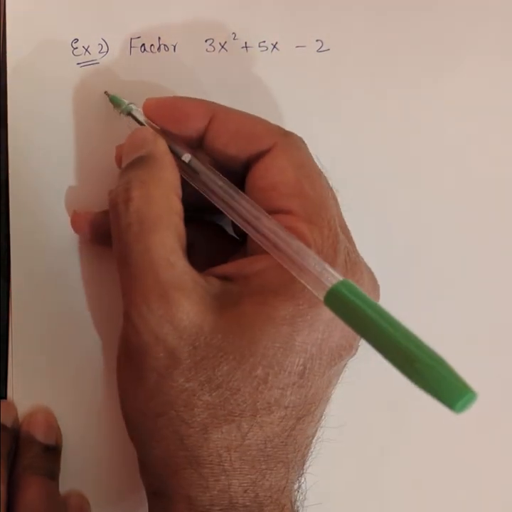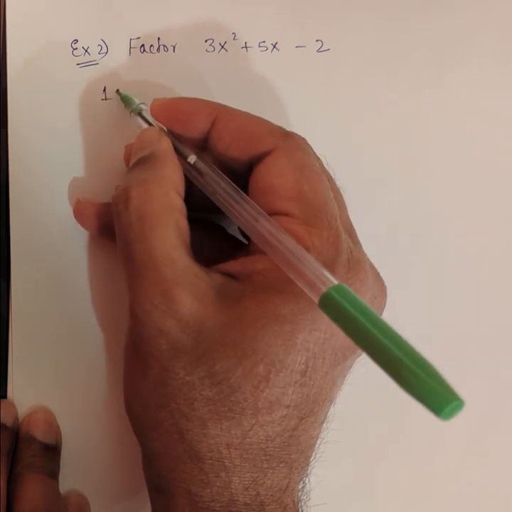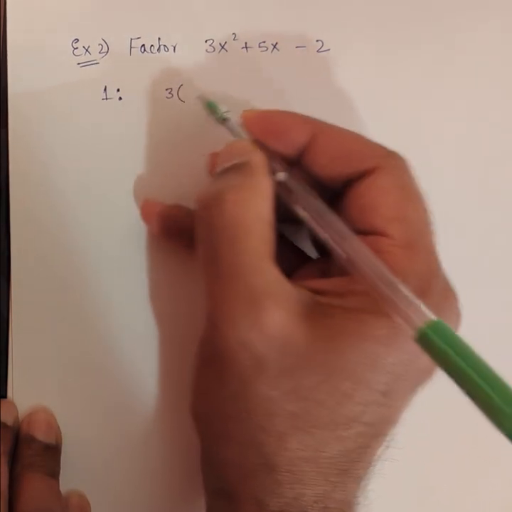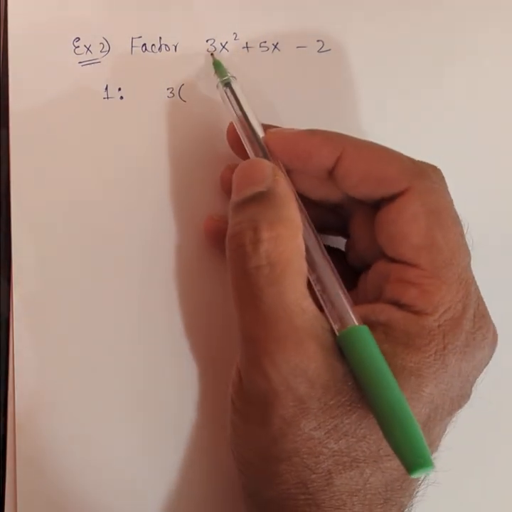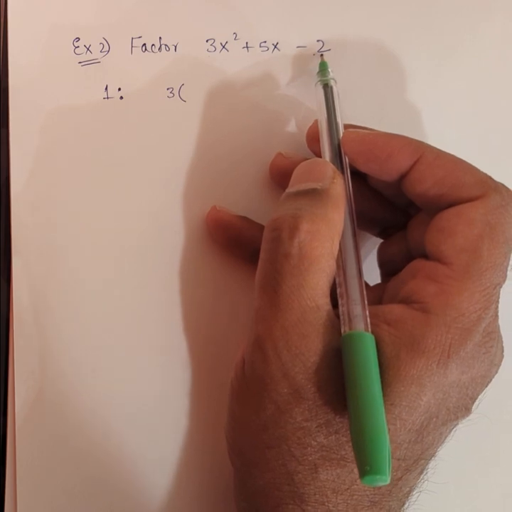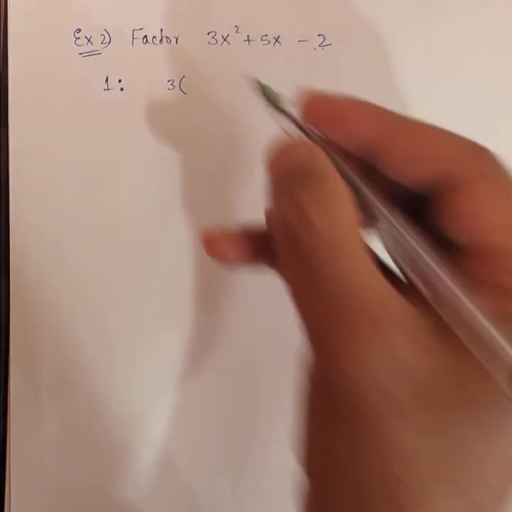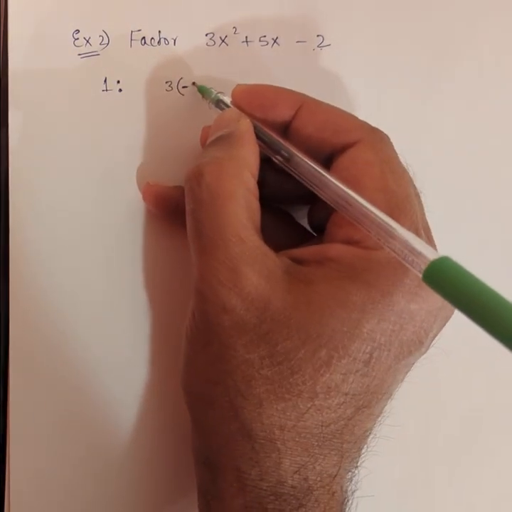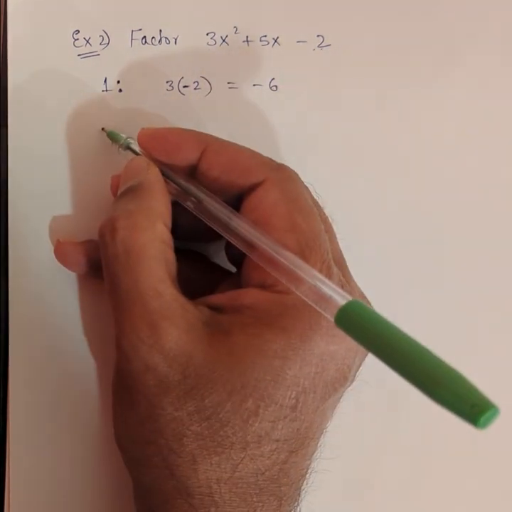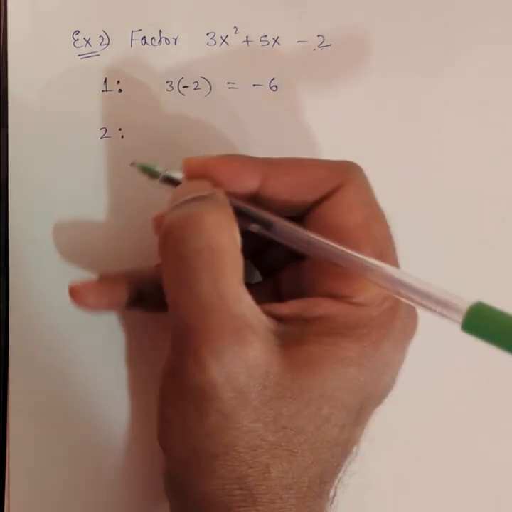So what is my first step? My first step is to multiply 3 with, now notice, the leading coefficient is 3, but the constant term is not 2, it's negative 2. So pay attention to the signs. You get negative 6.